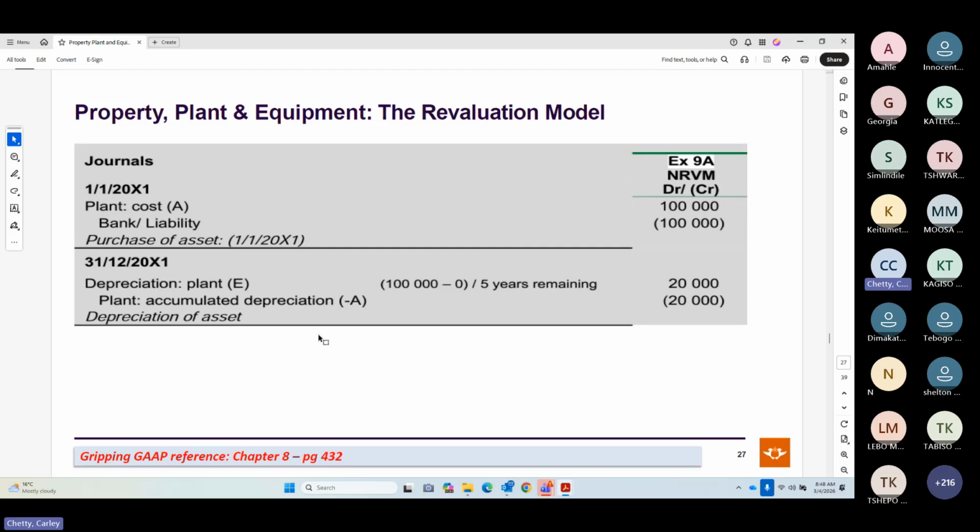Then at the end of 20X1, we are depreciating the asset. We take the cost of 100,000 minus the residual value of 0 and divide it by the total useful life of 5 years. We work out the depreciation and we get 20,000. Our journal for the depreciation is to debit depreciation plant, credit plant accumulated depreciation.